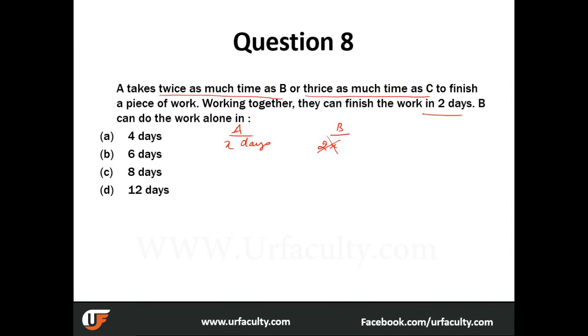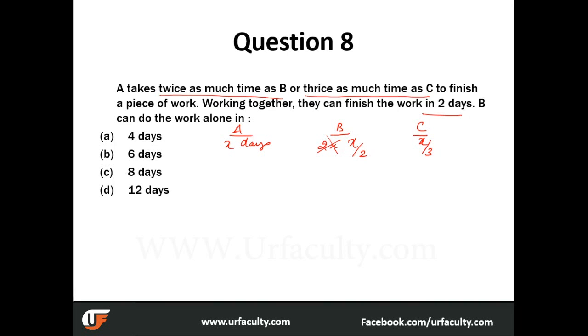A takes twice as much time as B. So B is basically x by 2, because A is taking twice as much time. Am I right? And C is thrice as much. So this is x by 3, because A is taking 3 times the time that C is taking to finish a piece of work.